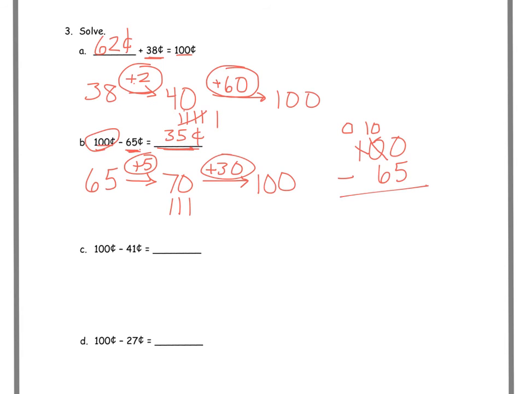Now, I still can't take 5 from 0, so I can borrow from this. I have 10 tens. Now I have 9 tens. I'm going to send a group of 10 over, so the 0 turns to 10 ones. Now I can subtract. 10 take away 5 is 5. 9 take away 6 is 3. And it's the same answer that I got right here. And that's 35 cents. So 2 different ways to show it.